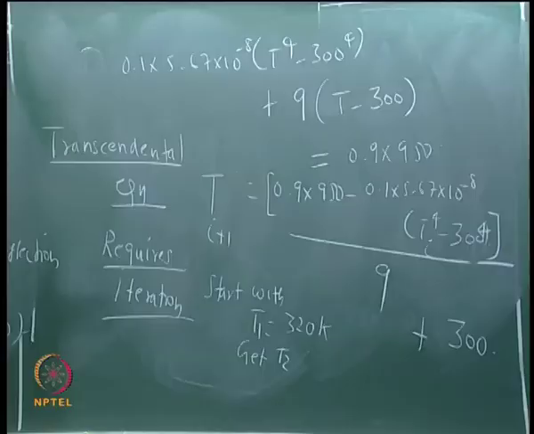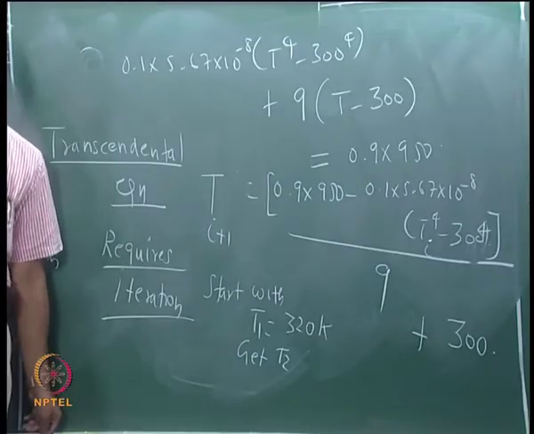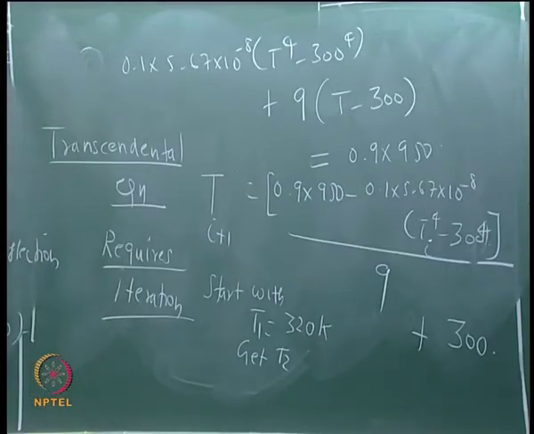From T2 get T3, from T3 get T4, from T4 get T5, till Ti and Ti plus 1 are sufficiently close to each other.